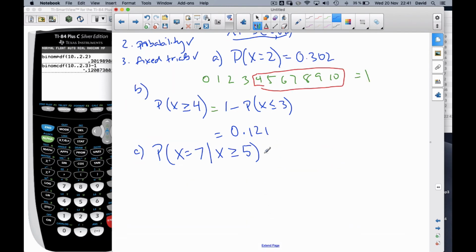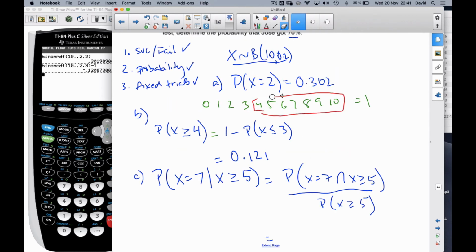Okay, and so now we have to think about this. We want to do conditional probability, which is going to be the probability of X equaling 7 and X bigger than or equal to 5 over the probability of X bigger than or equal to 5. Well, if I go back to here, bigger than or equal to 5 means I'm going to consider all these numbers only.